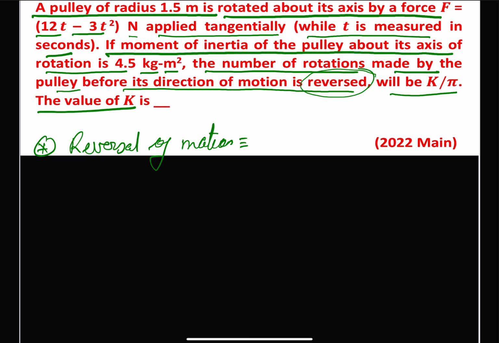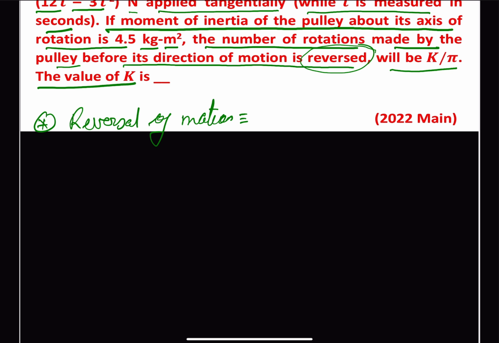We can also relate it with a body which is thrown upward. If we take the upward direction as positive, then at the highest point, just before it reverses its direction, that is, comes back to the ground, momentarily it stops. At that moment the velocity becomes equal to 0. So this is also the reversal of the motion.